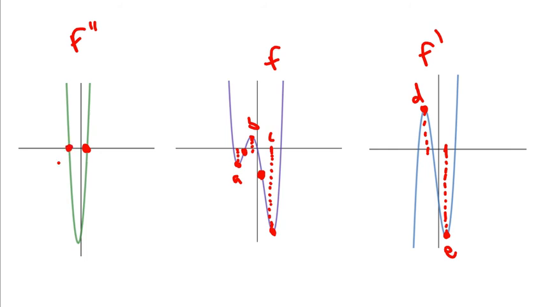So let's label these D and E. What happens to the left of D? All of these slopes are positive, right? More positive becoming less positive. So more positive values becoming less positive values. Between D and E, these are all negative slopes with our point of inflection, right?